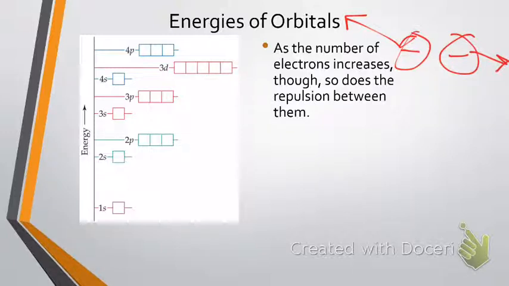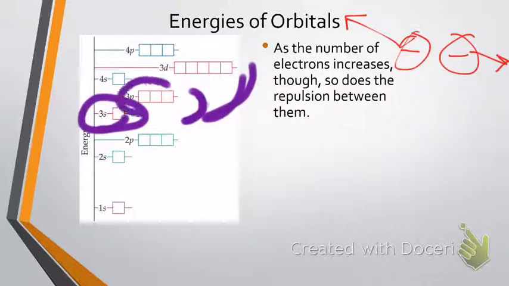So as they start to add more and more electrons in these orbitals, they're going to repel. If we look now, for example, at the 3rd energy level, we have 3s, which is lower in energy than 3p, which is lower in energy than 3d, because we can get up to 10 electrons on the d orbitals, but we can only get 2 on the 3s orbital.